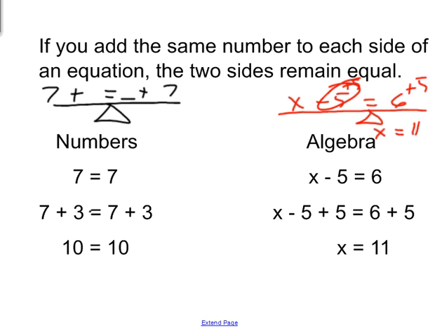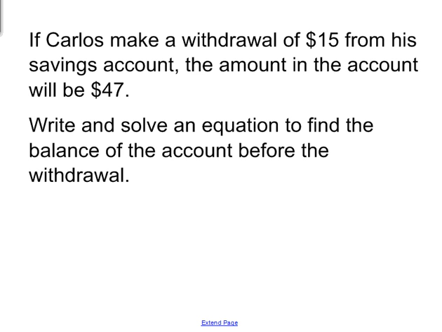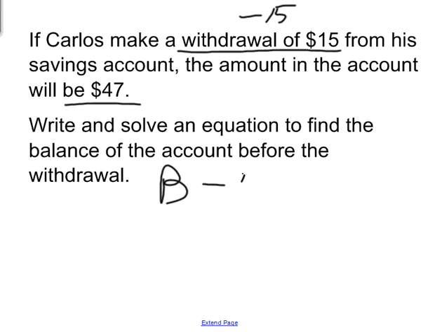Let's do a word problem, same type. If Carlos makes a withdrawal of $15 from his savings account, the amount in the account will be $47. So a withdrawal indicates subtraction of $15. After that, the balance is 47. So I'm going to say then that the balance beforehand minus the $15 was equal to 47.